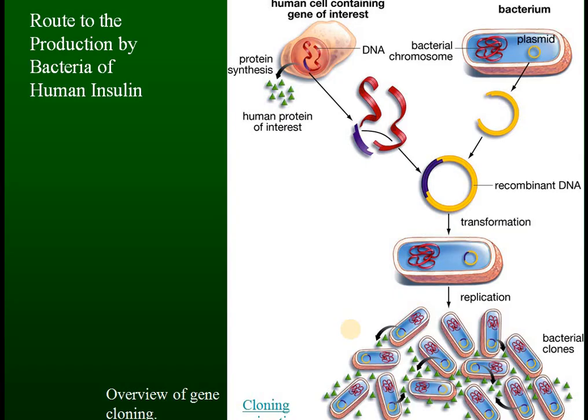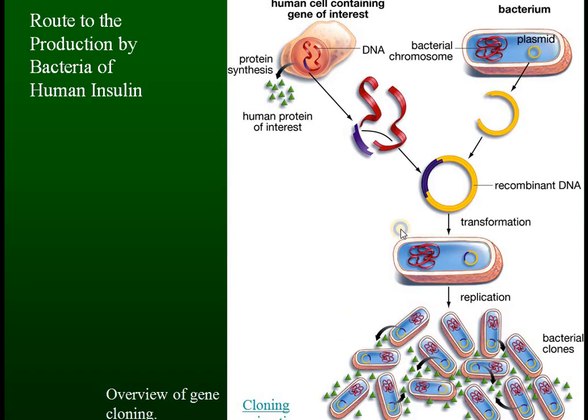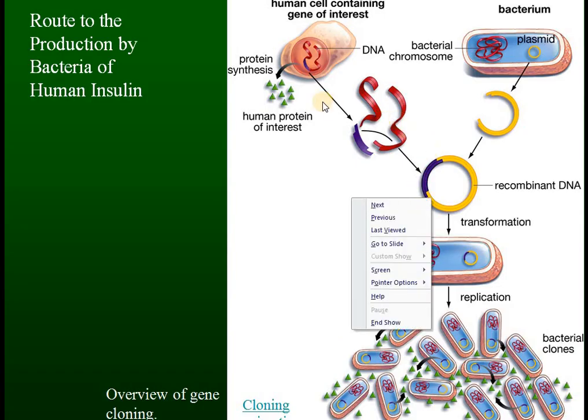Okay, so it is an overview of gene cloning. It is a summary or overview of gene cloning. We will see. So the human gene of interest, that is responsible for photosynthesis, is isolated, that is cut using restriction enzymes. Simultaneously you have to isolate plasmid from bacteria.